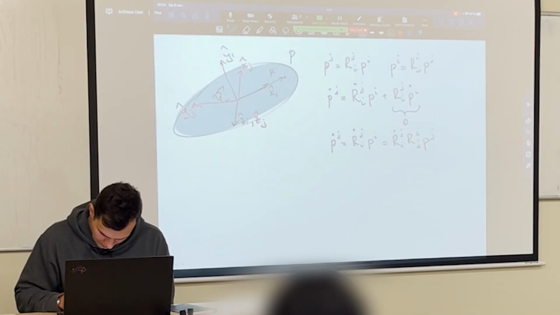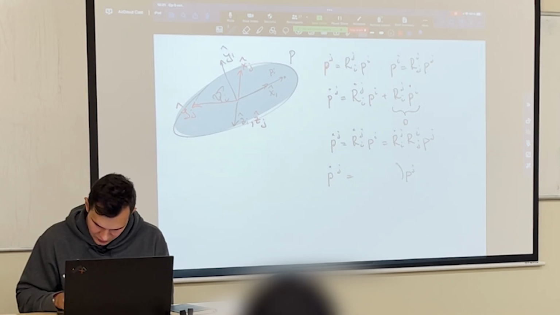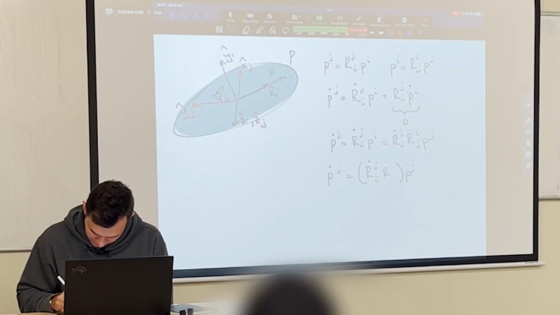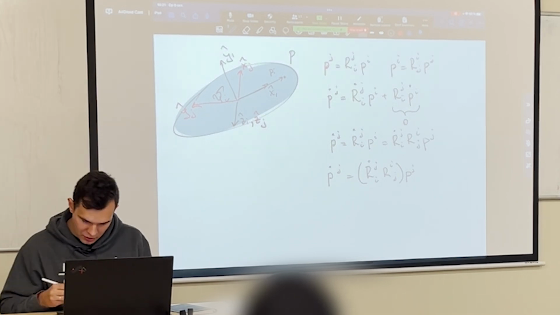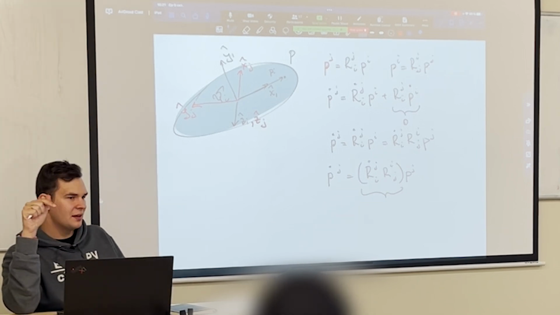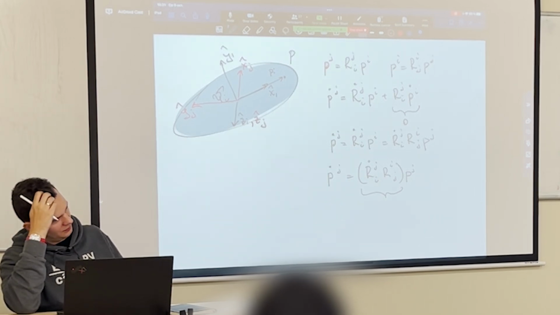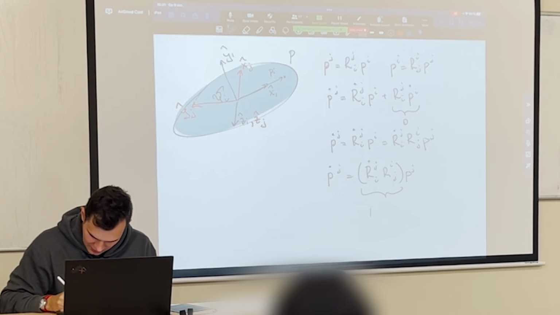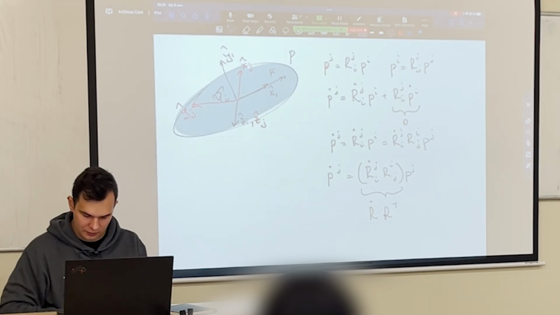So the time derivative of a position equals this matrix times the position, and this is actually the angular velocity. And look, the angular velocity is not R dot. It's R dot times R inverse.